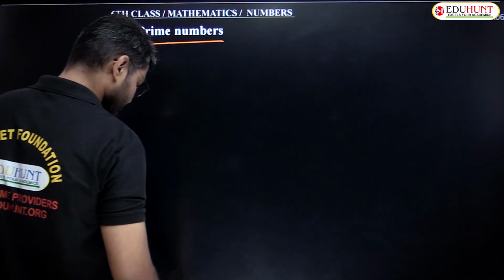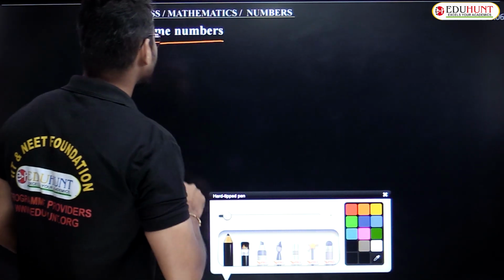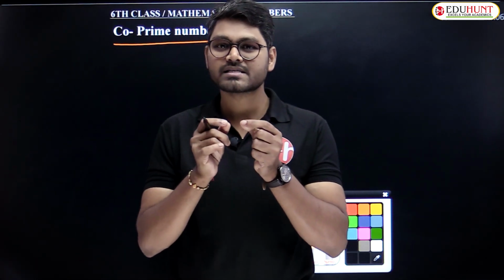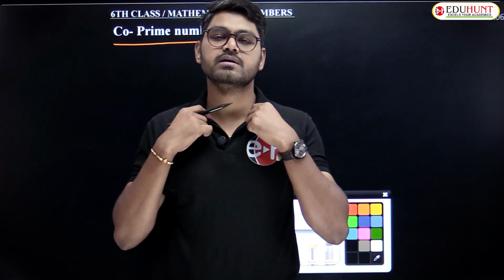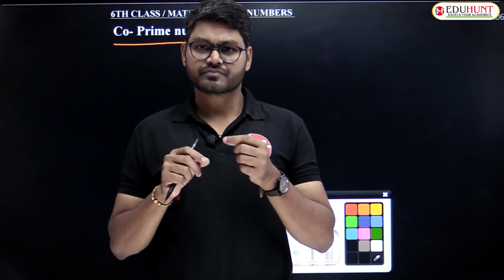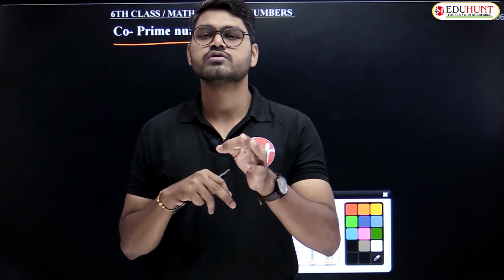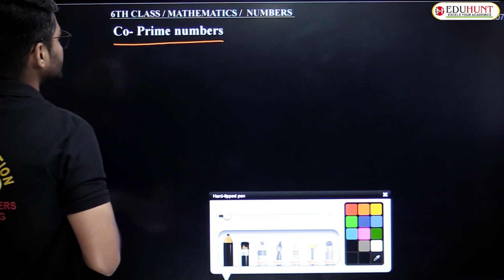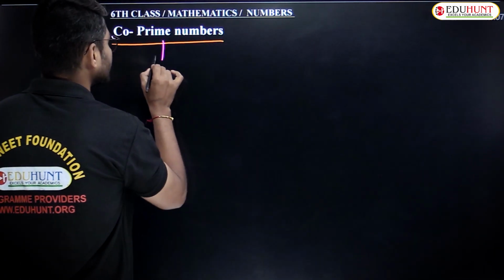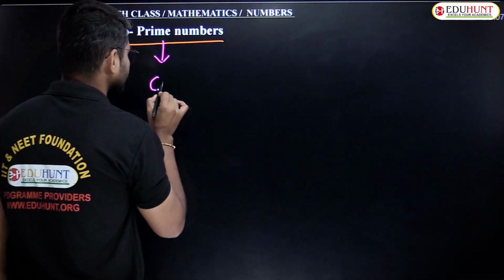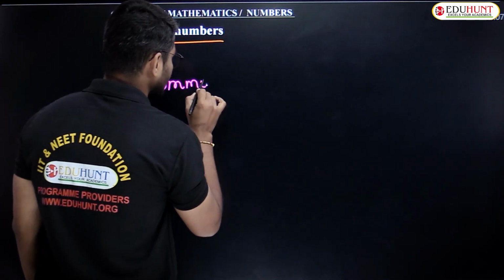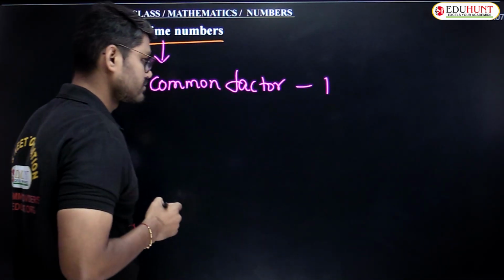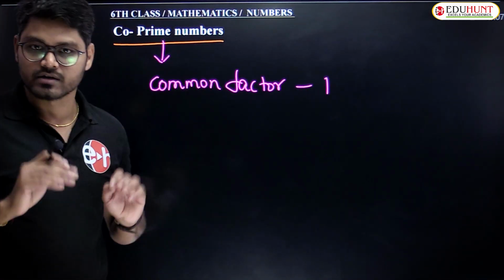Let's move on to the next one. Co-prime numbers. What are co-prime numbers? If we take 2 numbers, they should have only one common factor, that is 1.